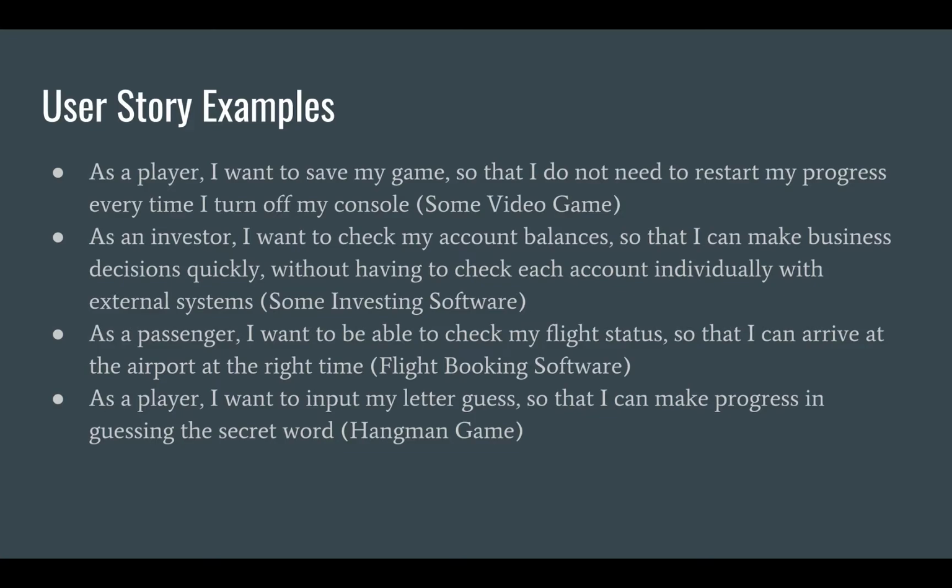So the goal is integration, or you can say interoperability, where it interoperates between all the different systems. So that could be a goal. And this so that clause points to that goal so that you're sure that this feature matches with the goal so that you're writing the right software.